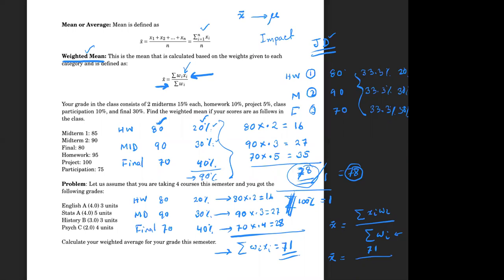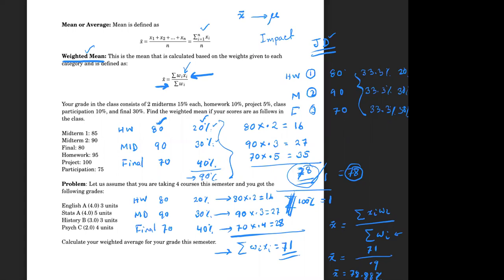So you divide it by 0.9. And if you did that, by the way, it's going to be 71 divided by 0.9, which is x bar equal to 78.88% roughly. That's how you do it.